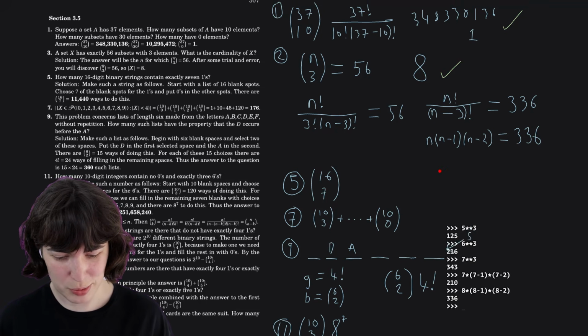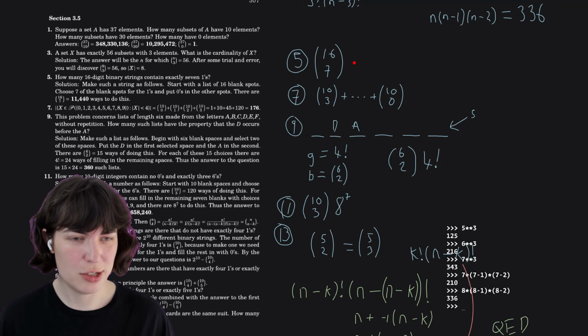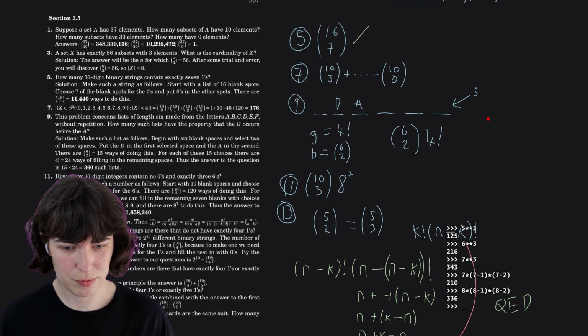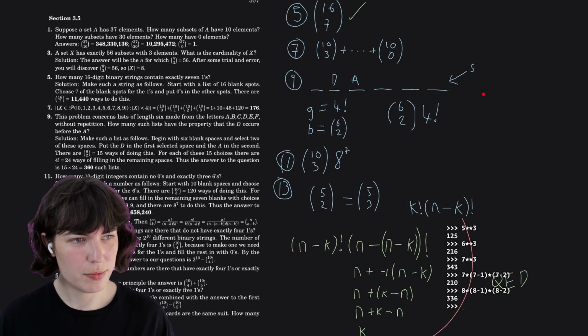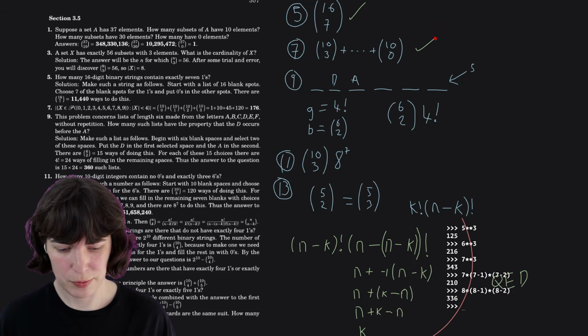Thank you to everyone who helped me with that. 5. 16 choose 7. Great. Okay, what's this supposed to be? 10 choose 0 through 10 choose 3. Okay, great.